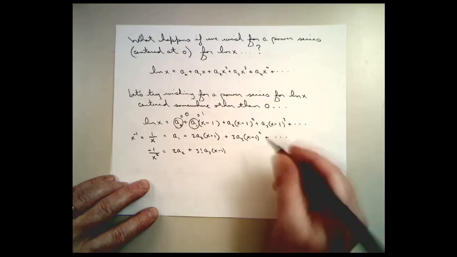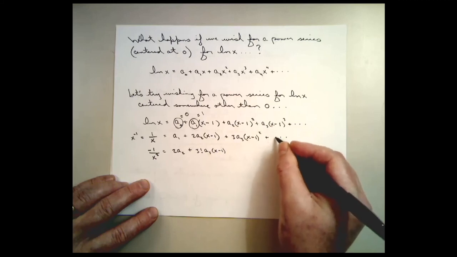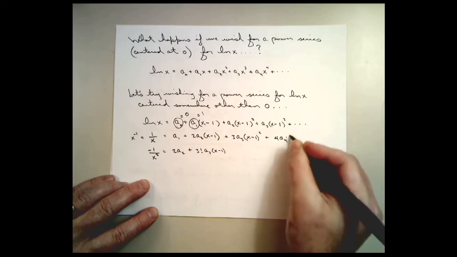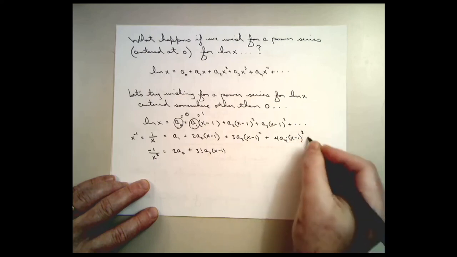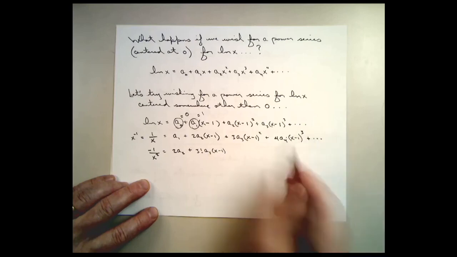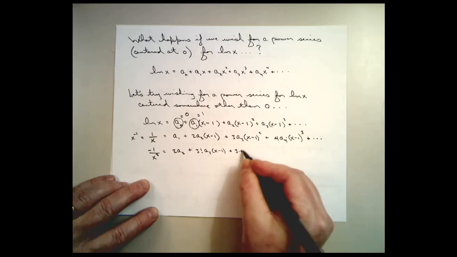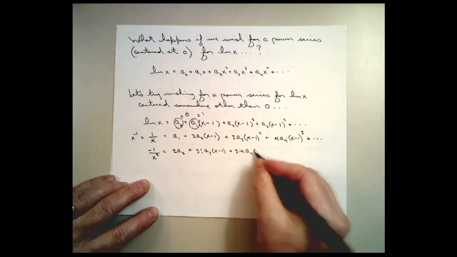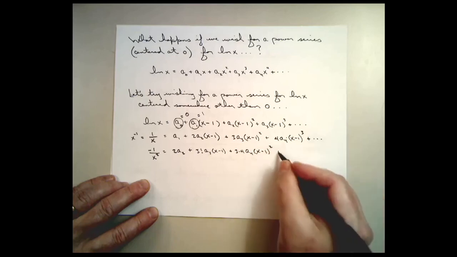What's going to come next? Let's write this next term down here. This would have been 4a4 x minus 1 cubed. So the derivative of that is going to be 3 times 4, a sub 4, x minus 1 squared, and so on.